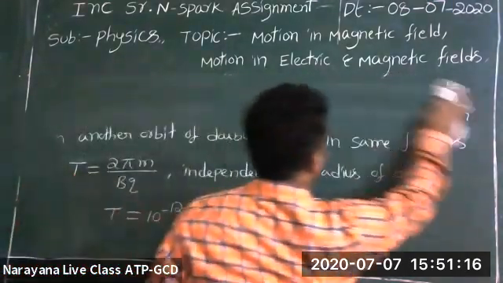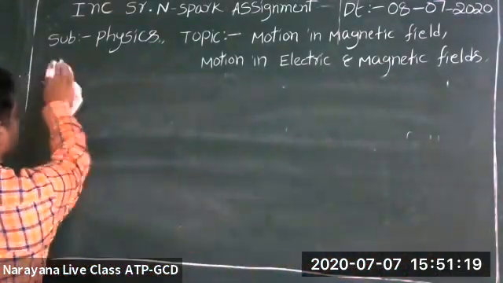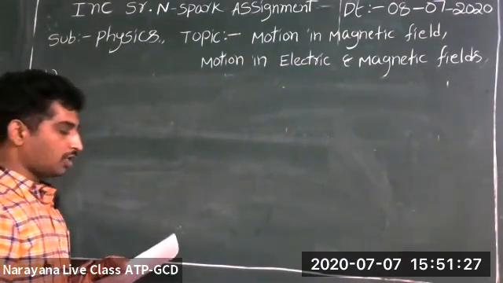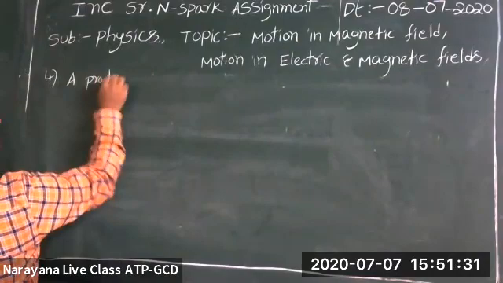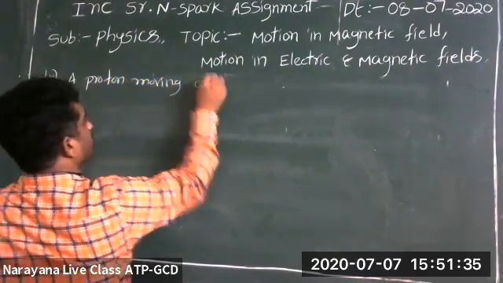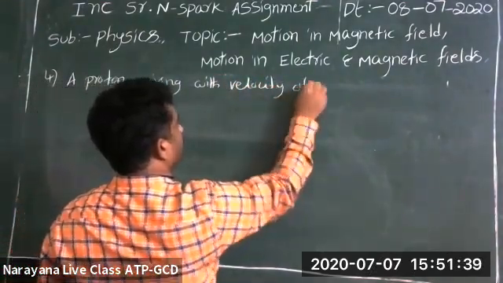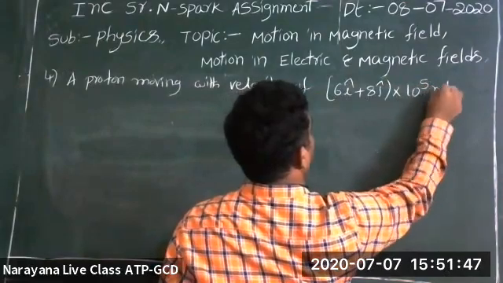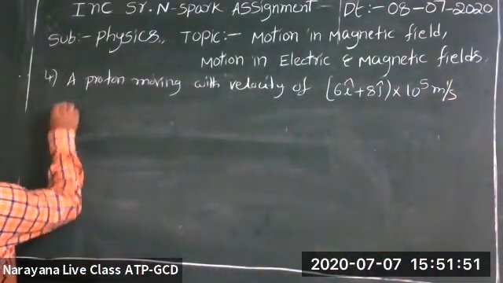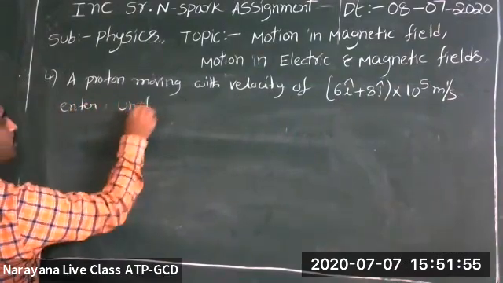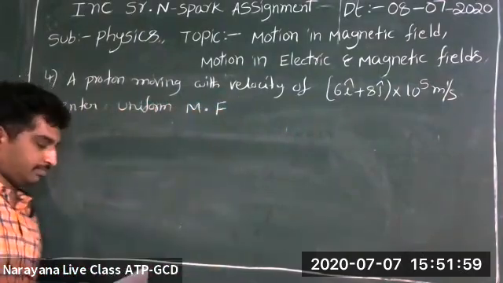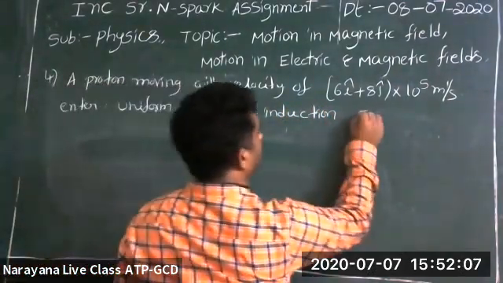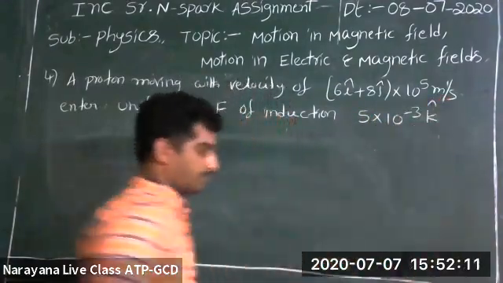Next problem. Fourth one. A proton moving with velocity of 6 i cap plus 8 j cap into 10 power 5 meter per second enters a uniform magnetic field of induction 5 into 10 power minus 3 k cap Tesla.